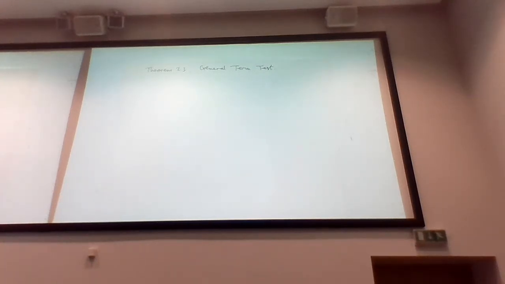Sometimes they give you a conclusion when you try to apply them to a certain series. Sometimes they don't. That's what makes the subject interesting, but there is no one simple answer to the whole thing. So the general term test is a basic test that every series has to pass in order to have a chance of being convergent.